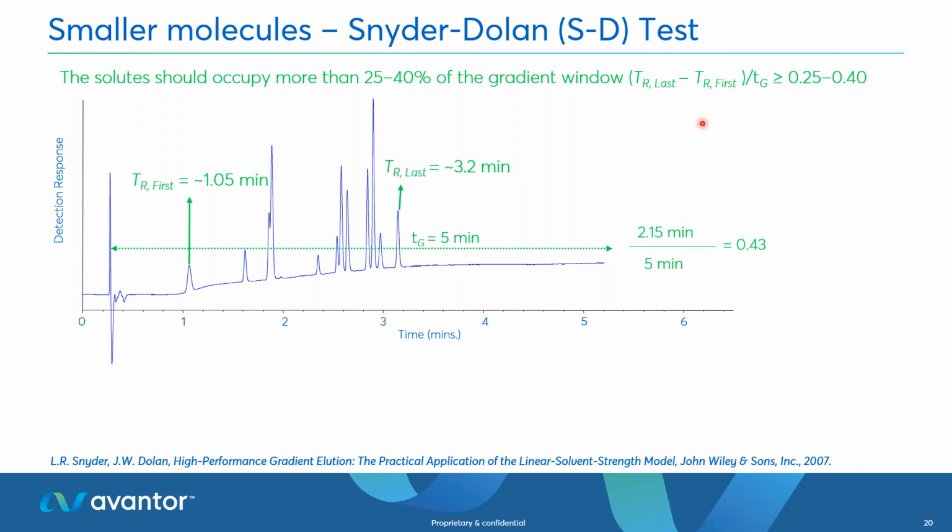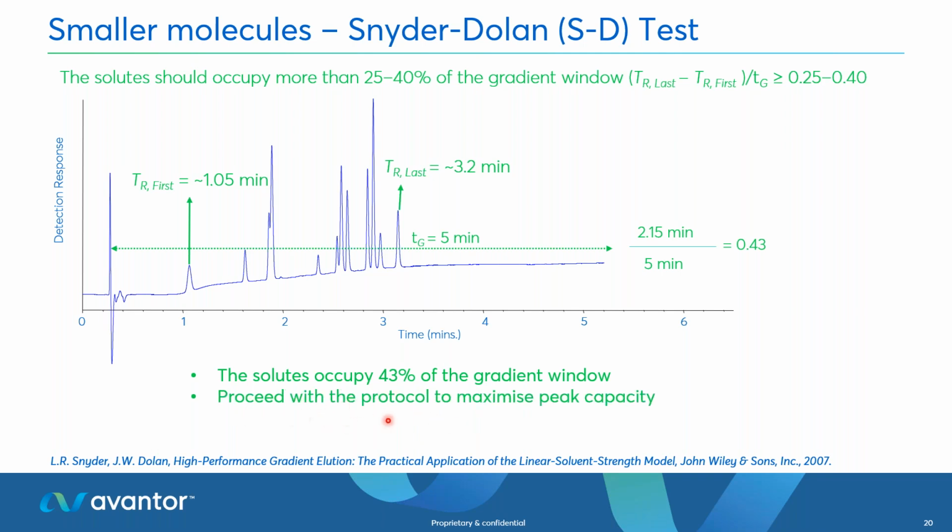So looking at the maths, subtracting the last and first eluting species and dividing that by the gradient time, we have a value of 0.43, and that does pass the Snyder-Dolan test. So our solutes occupy 43% of that gradient window. So we proceed with the decision tree to maximize peak capacity, because this sample does in fact require gradient elution separation conditions.